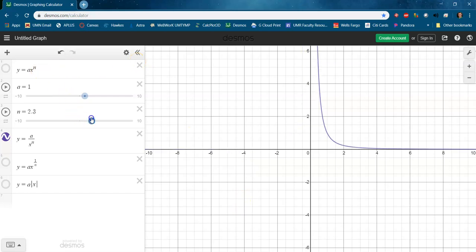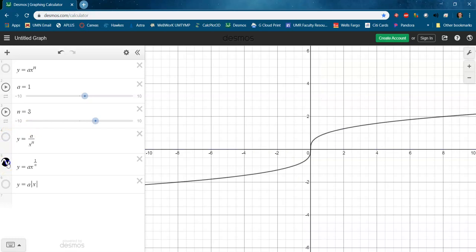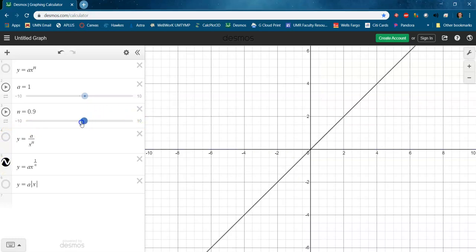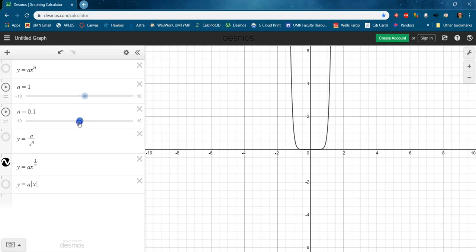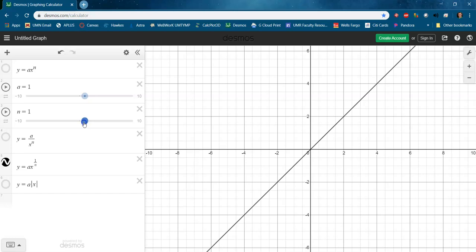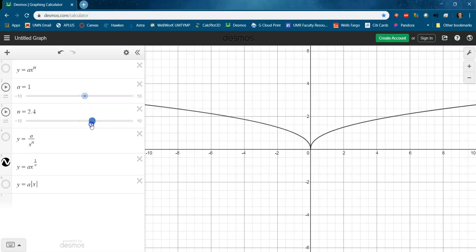The third one and beyond don't get too interesting. It just looks a little more flat, etc. Now the radical functions. If we look at just n equal to 1, we get our line. When we change to 2, we get a square root, because that would be 1/2 in the exponent, so it's x to the 1/2, the square root of x.